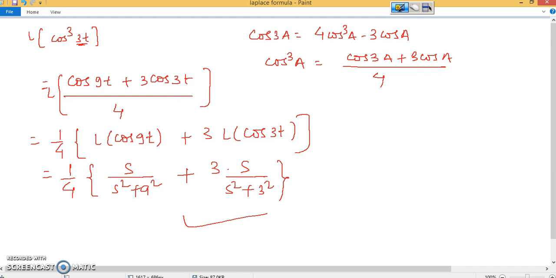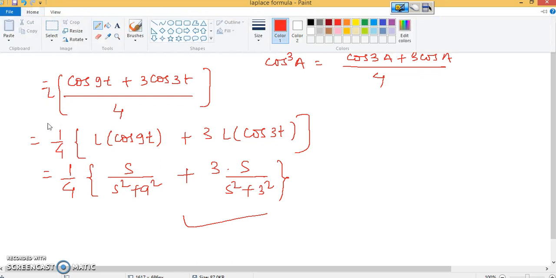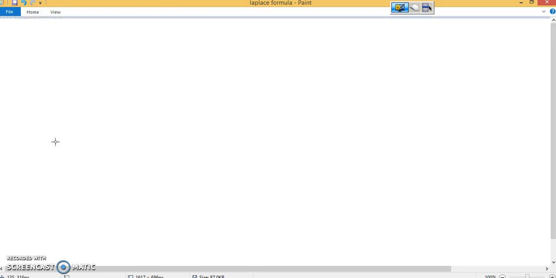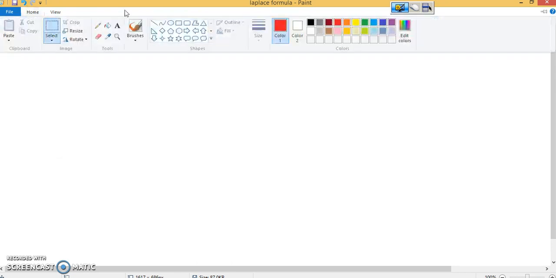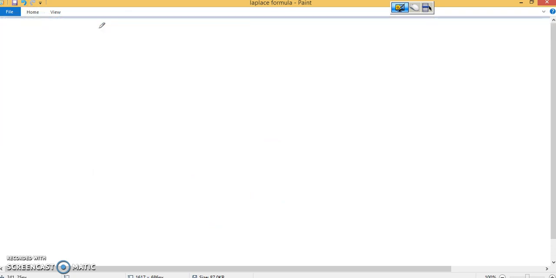Similarly, if given another problem, consider find the Laplace of sin of 3t into sin of 4t. So you can find it by this one. This is a multiplication here. Directly we can't apply the Laplace.